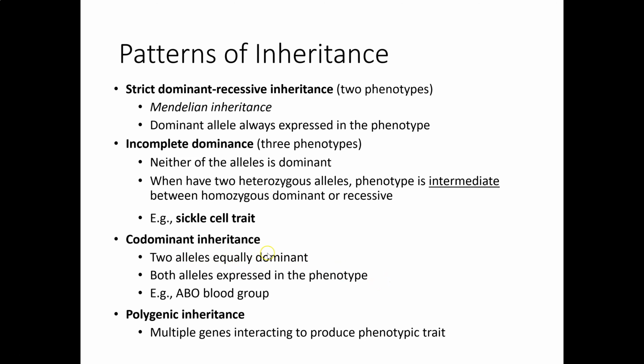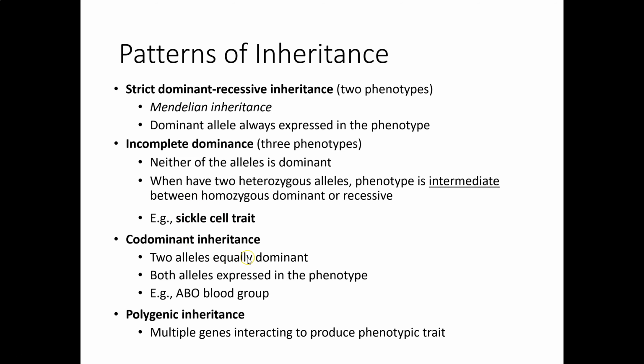For the ABO blood type, there are actually 3 alleles: either you have the A antigen, the B antigen, or you don't have any antigen. That makes the genotypes and the phenotypes more complicated, because you have multiple possibilities of genotypes.